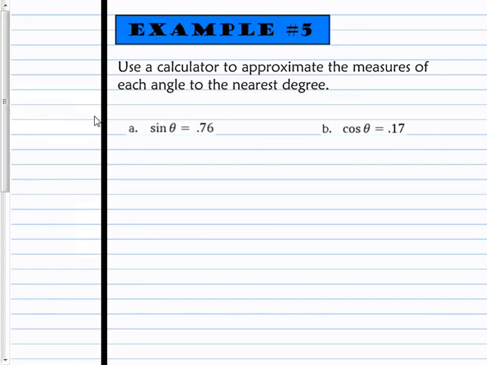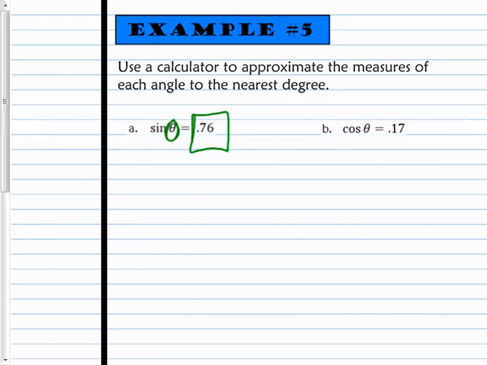Use the calculator, example 5, to approximate the measure of each angle to the nearest degree. So we're looking for the angle right here, okay? We don't know the angle, but they actually already gave us this ratio right here.